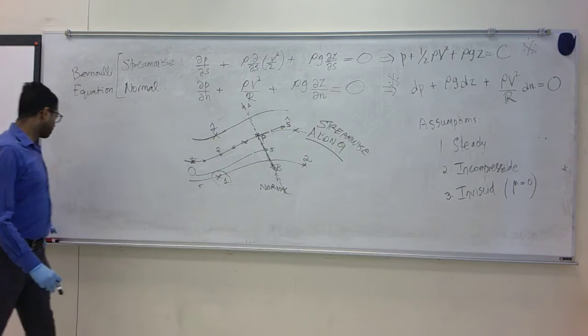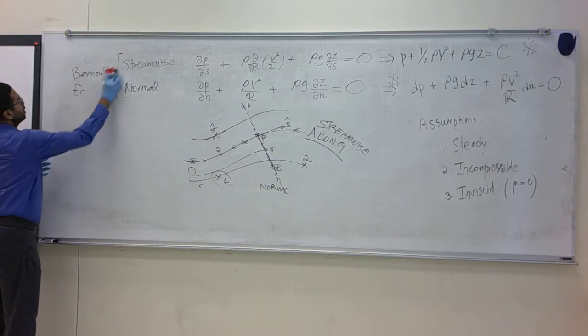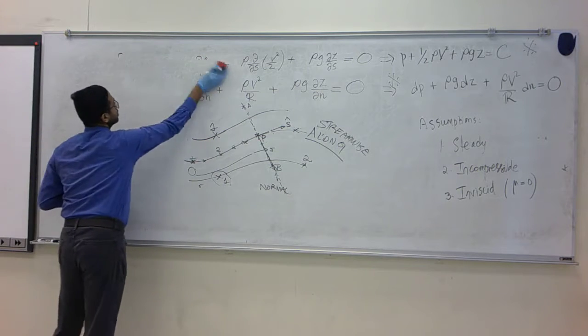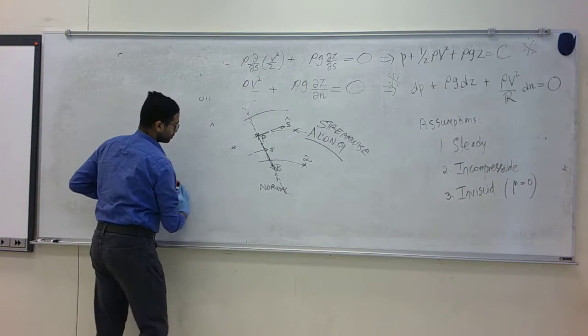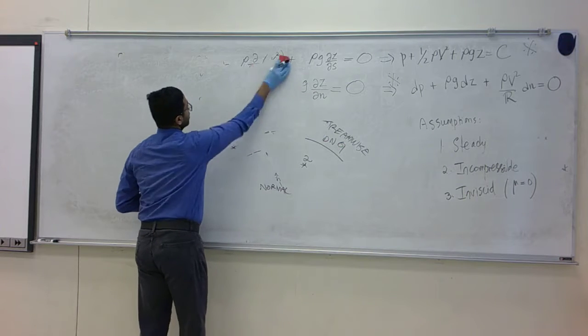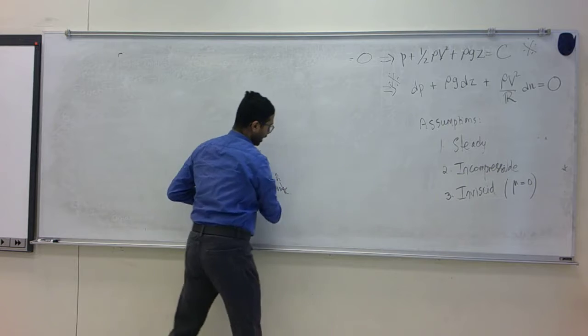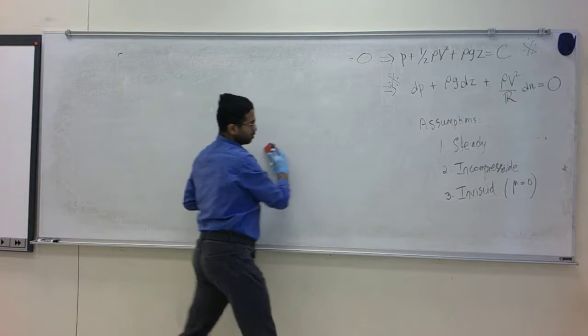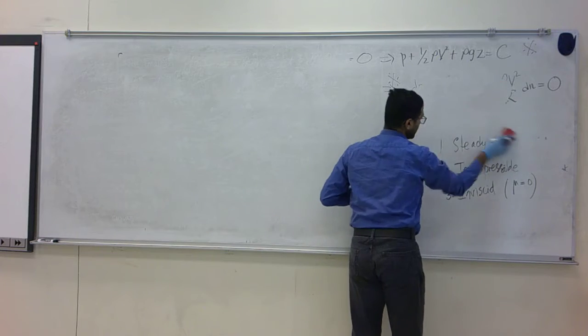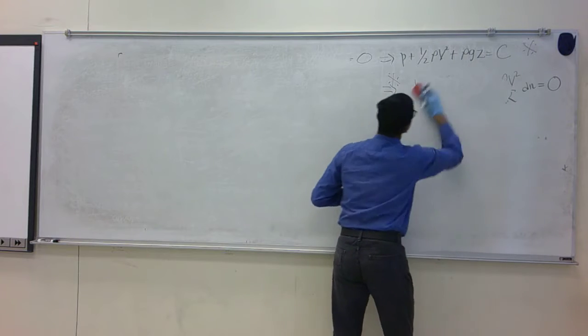Moving on. I just want to bring the focus into only the Bernoulli equation, and the derivation is behind us now. We will just assume that we understand the derivation.